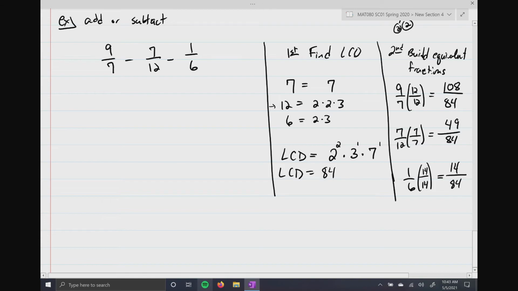What I'm going to do is take each one of these equivalent fractions and write it directly below. So the 9 over 7 is 108 over 84, minus the 7 over 12 turned into 49 over 84, minus the 1/6 turned into 14 over 84.